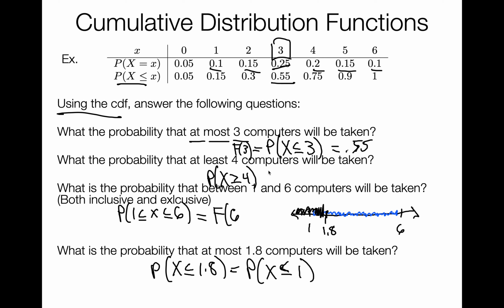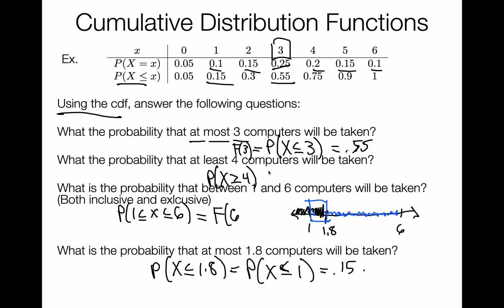In my blue box from 1 to 1.8, there is no probability because a decimal can't happen. So an equivalent way to write less than or equal to 1.8 is less than or equal to 1, and we know from up here that it's 0.15.